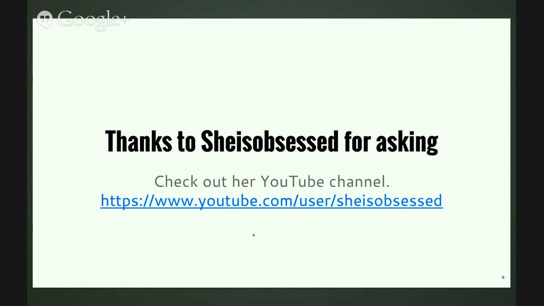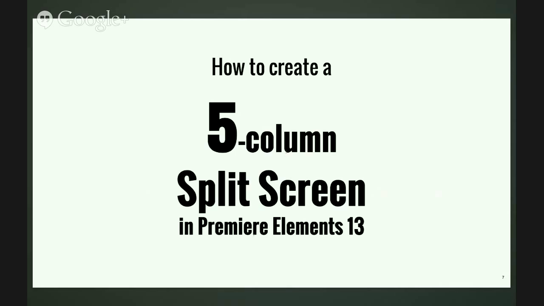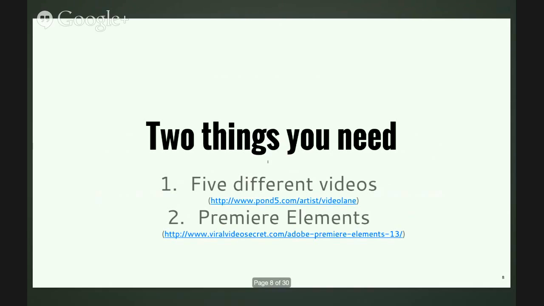So how do we create a 5-column split screen in Premiere Elements 13? First, 2 things you need: 5 different videos, and of course, Adobe Premiere Elements. If you don't have your own video, you can go to my stock footage site and get it from here.